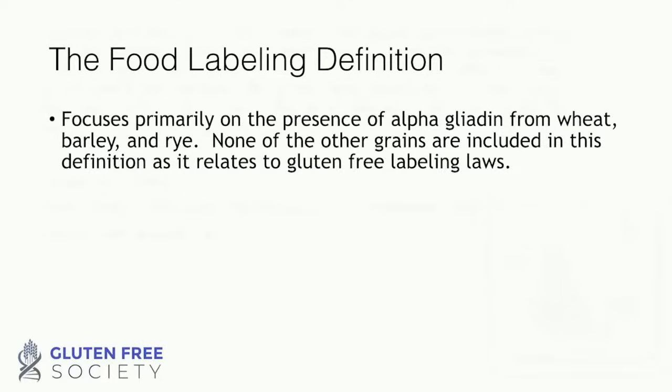Now, the food labeling definition for gluten focuses primarily on the presence of alpha-gliadin from wheat, barley, and rye, and so none of the other grains are included in this definition as it relates to gluten-free labeling laws. So again, when you go to the gluten-free food section in your natural grocer or in your local grocer, you have to understand that by law, to call something gluten-free, it really only has to be free of wheat, barley, and rye, down to the level of 20 parts per million.